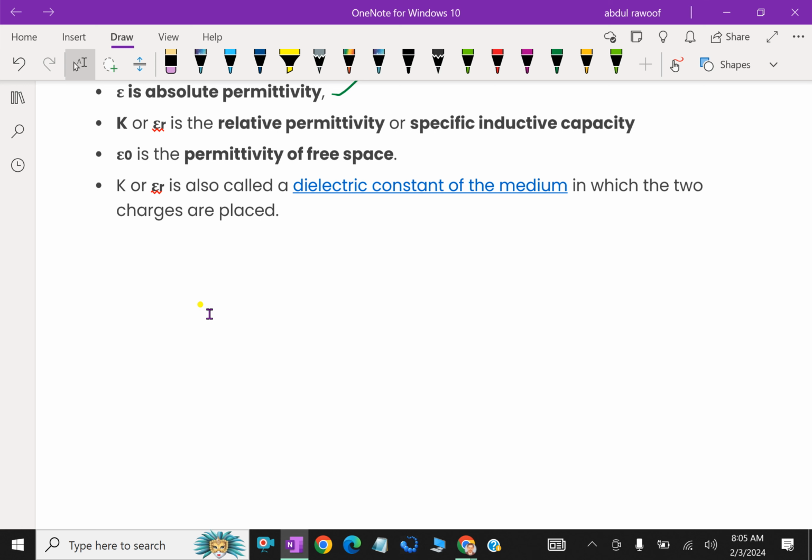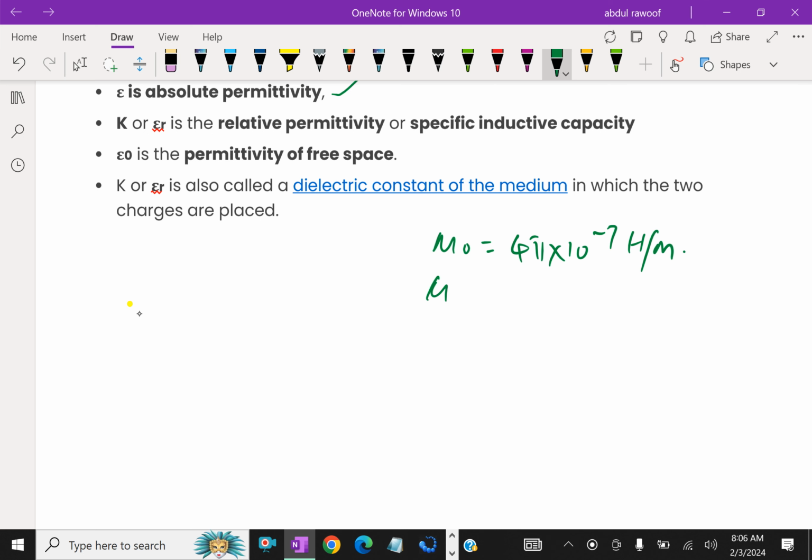One is absolute permeability, that is mu, and the other is relative permeability mu r. Here the absolute permeability mu 0 can be expressed as 4 pi into 10 power minus 7 Henry per meter, and mu r equals 1. Relative permeability for vacuum is 1.